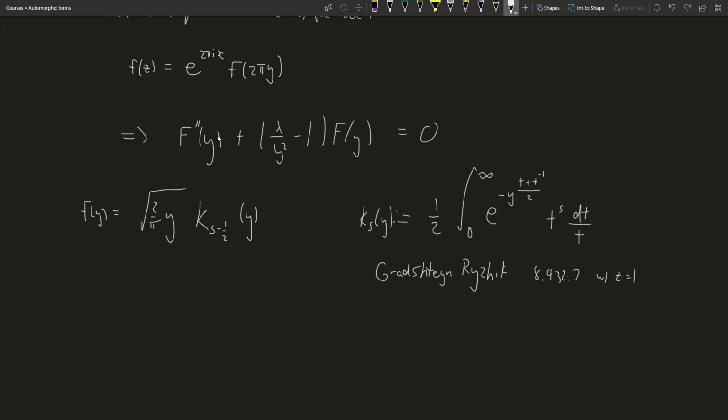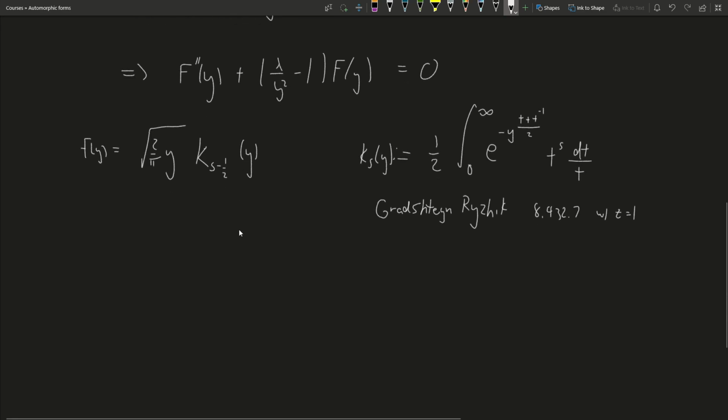So this is the F that you get, and what that means is that your eigenfunction, which I'll denote W sub s of z, is going to be 2 square root of y times the K-Bessel function at s minus 1/2 of 2 pi y, times e to the 2 pi i x. And this is called the Whittaker function.